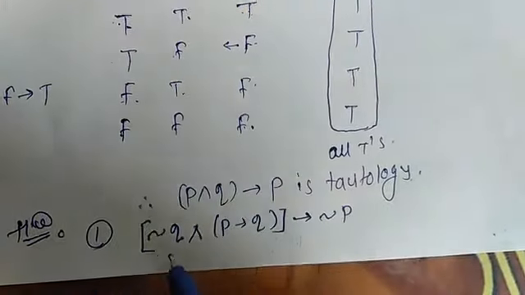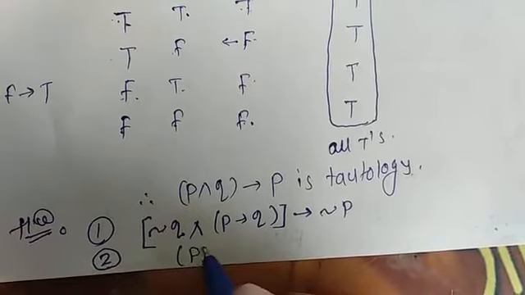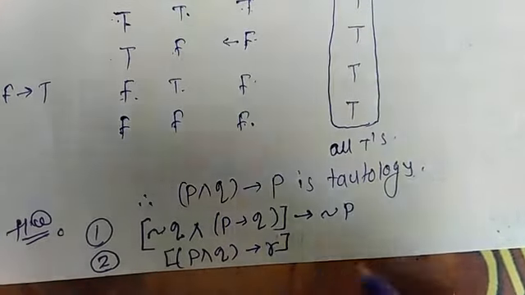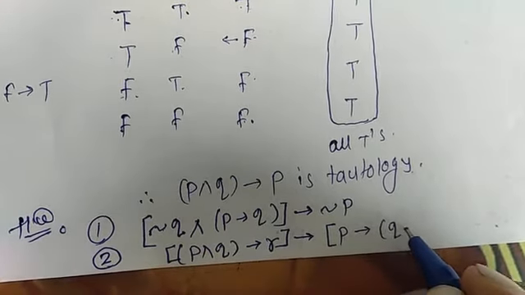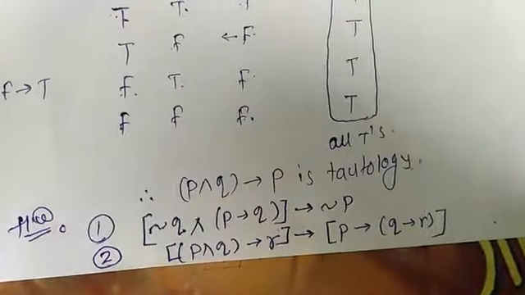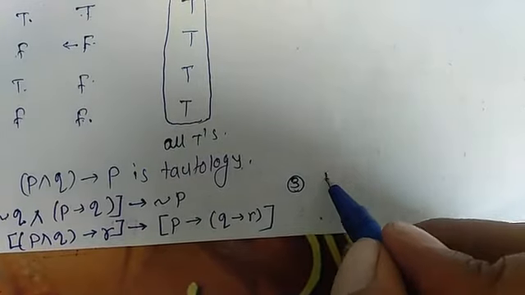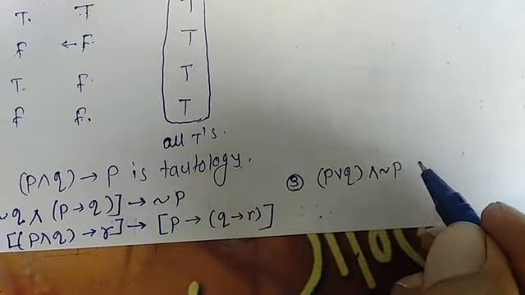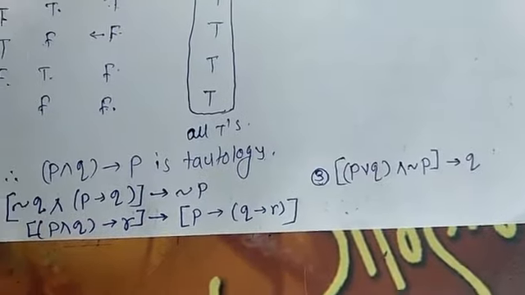The second is P and Q implies R, first bracket, implies P implies Q implies R. You have to check these two examples for tautology. And example number 3 is P or Q and negation P, bracket complete, implies Q. So these three examples are for your homework.